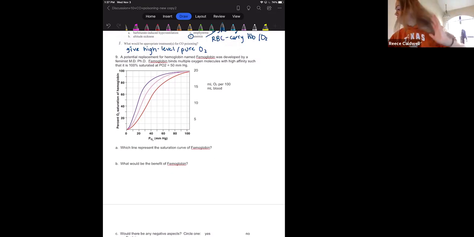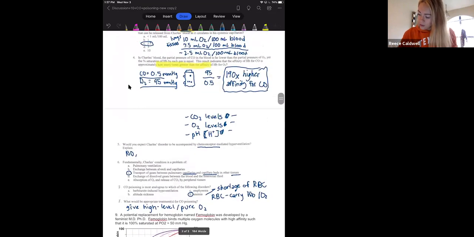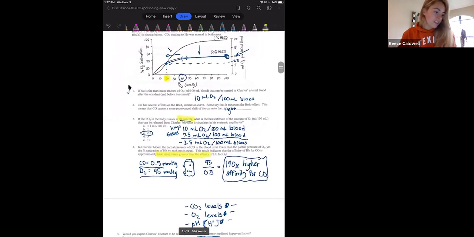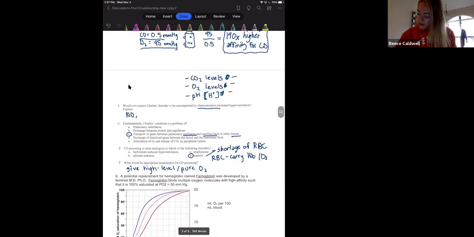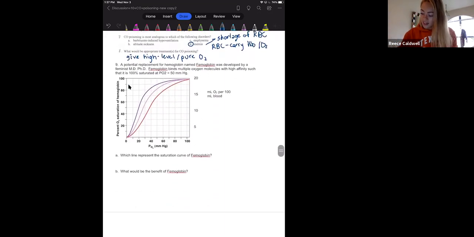So what we see is that at 50 millimeters of mercury, the binding affinity is normally just about 85 to 90%. If you look at our normal curve, at 50 millimeters of mercury, we're right here at about 85 to 90%. However, hemoglobin would take that and make it 100%.